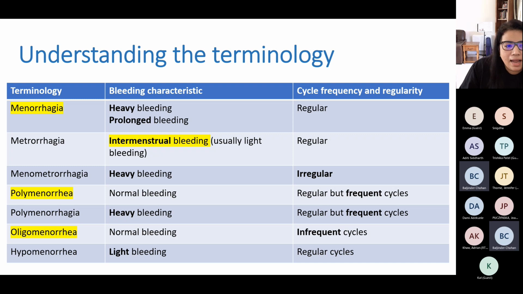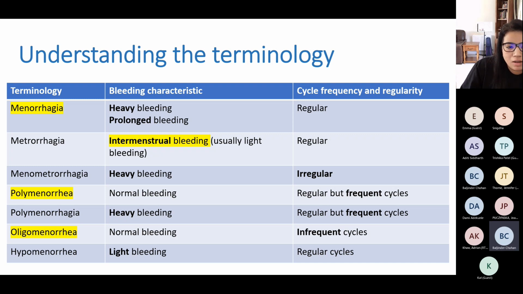People who present with this need investigations targeted more towards endocrine causes. It could be that they're having anovulatory cycles. So the pathophysiology behind irregular, on and off bleeding is very different to somebody who presents with menorrhagia.